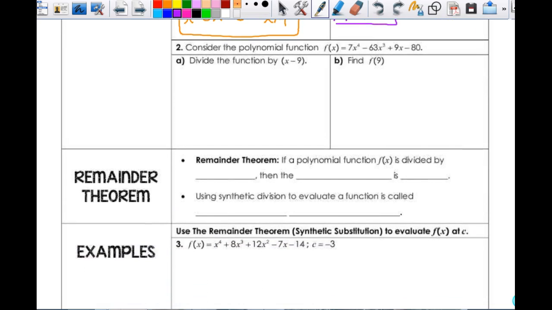And we're going to find f of 9, right? So f of 9 is equal to 7 times 9 to the 4th minus 63 times 9 cubed plus 9 times 9 minus 80. Now, my original intent was I was going to give you a couple minutes, let you work this out, and then we were going to talk about it.